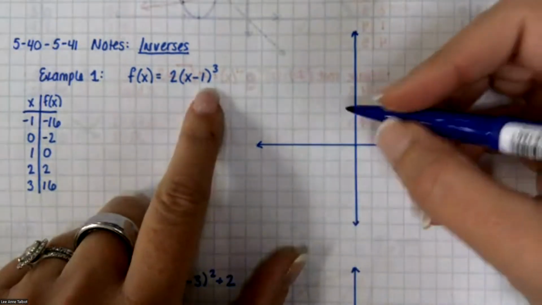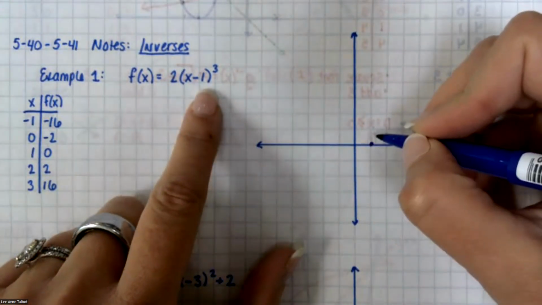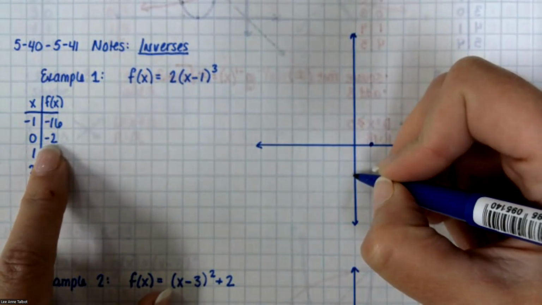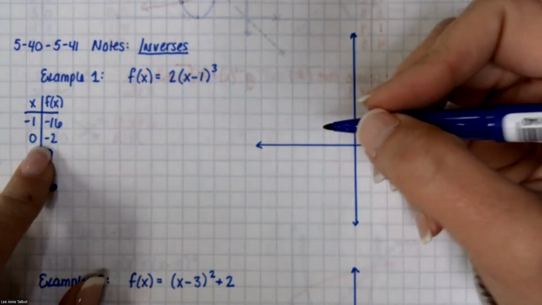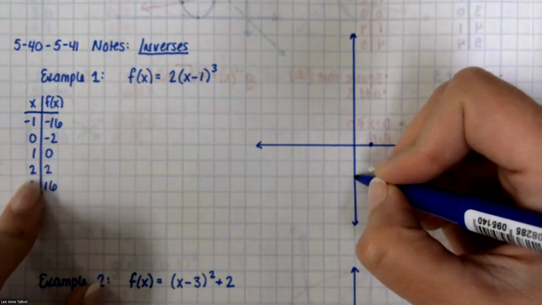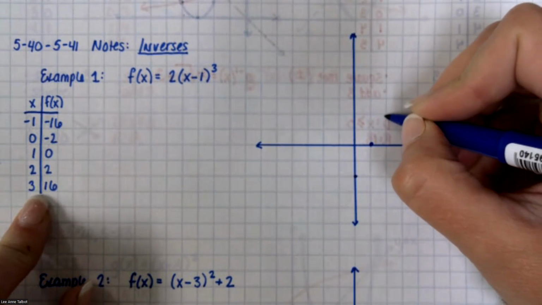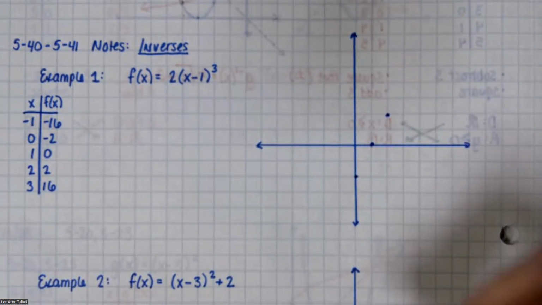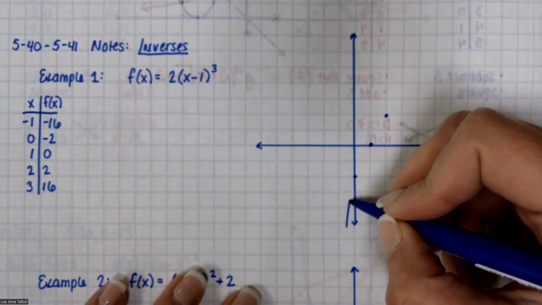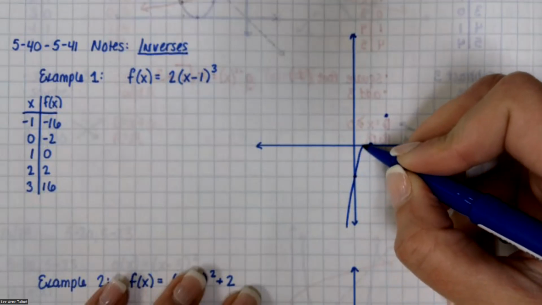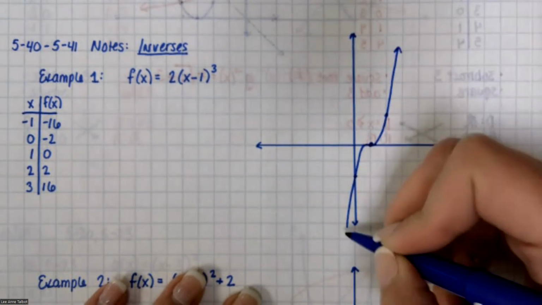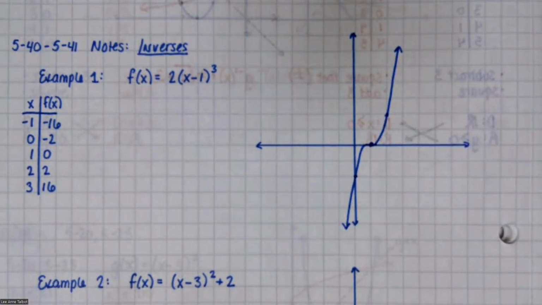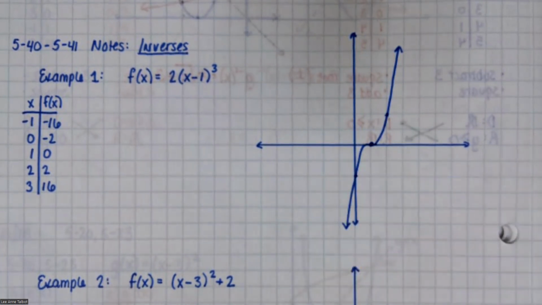Okay, so over here, 1, 0; 0, negative 2; 2, 2. Remember that inflection point's where it gets flat.